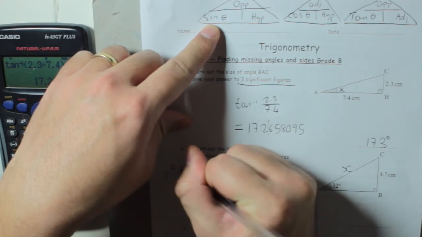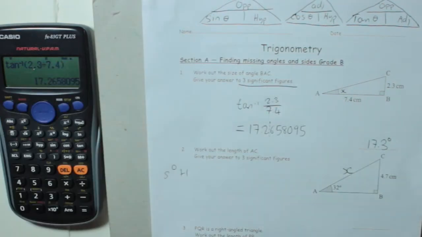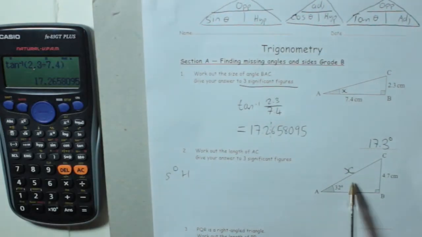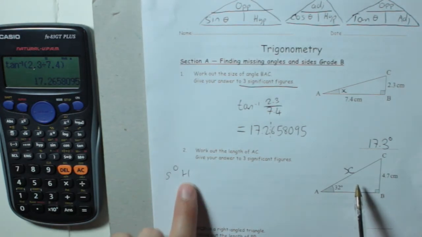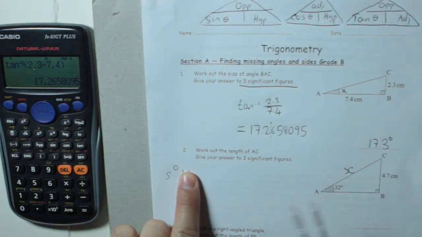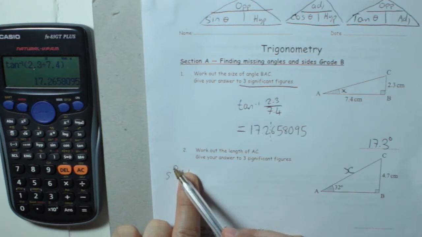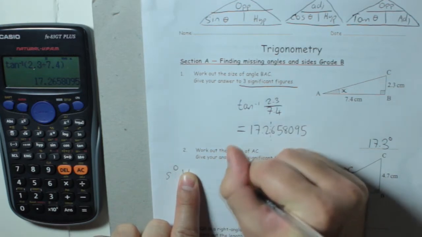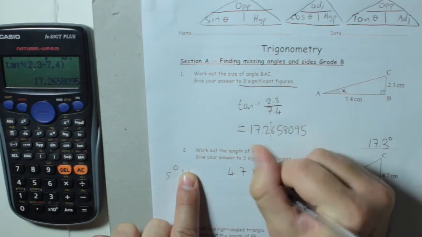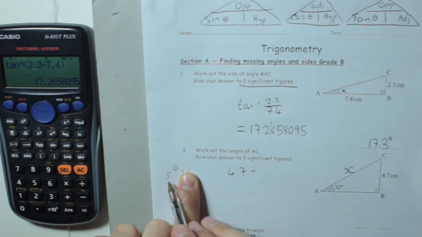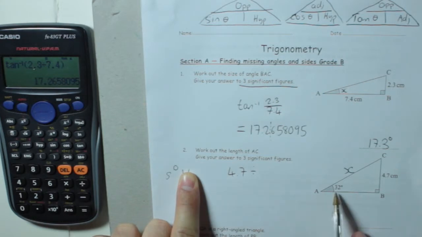So SOH, I'm going to write it in over here as well. So, to find the hypotenuse, I'm going to cover up H, and you can see it reveals an O above the S. So that means we're doing the opposite, which is 4.7, divided by the sin of the angle 32.